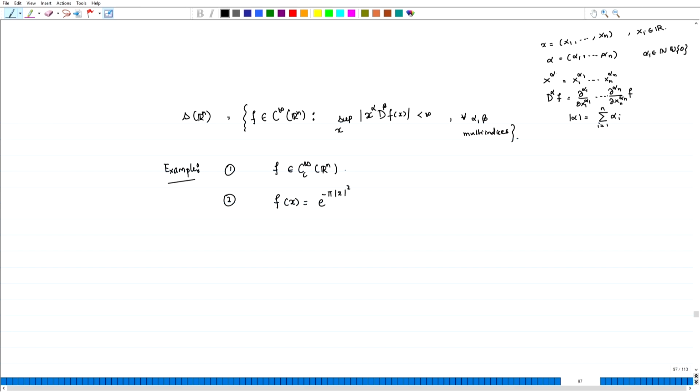So, easily one can check that this f is in the Schwarz space because it has an exponential decay.